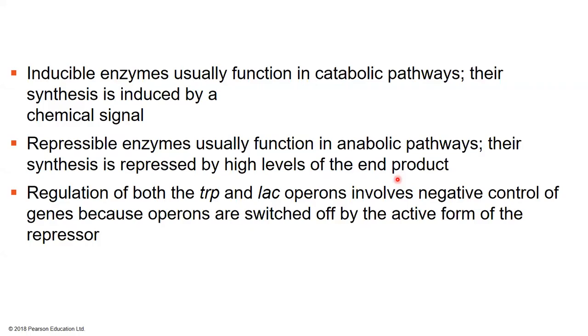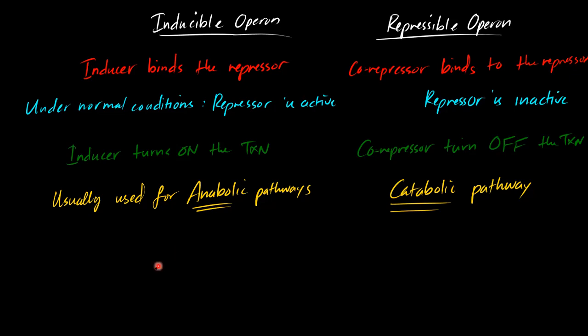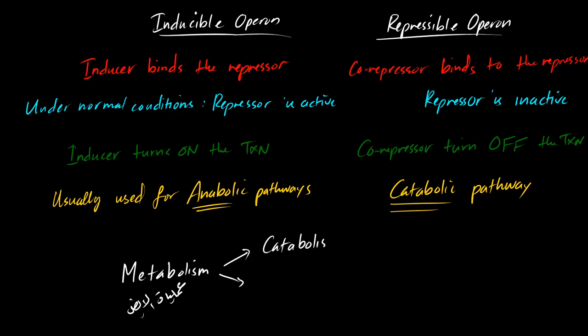So remember that metabolism consists of two major branches or two major types of reactions. We have catabolism, and we have anabolism.